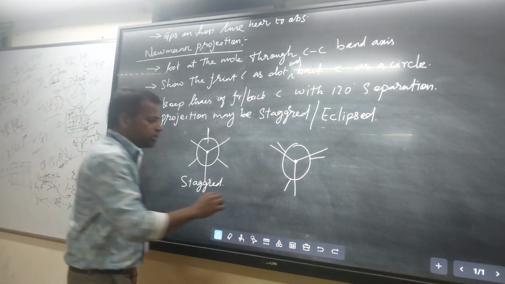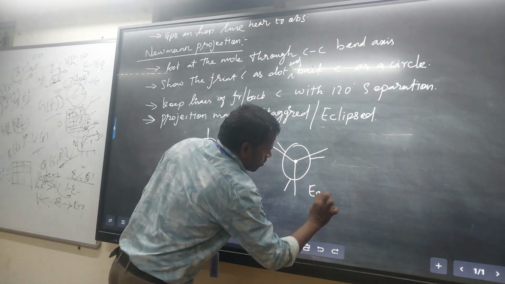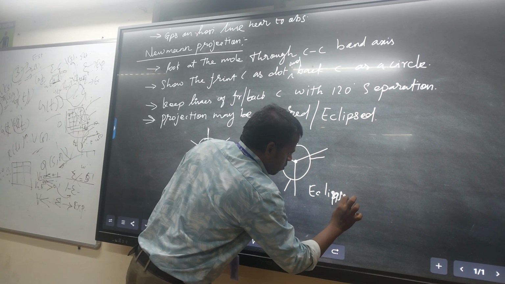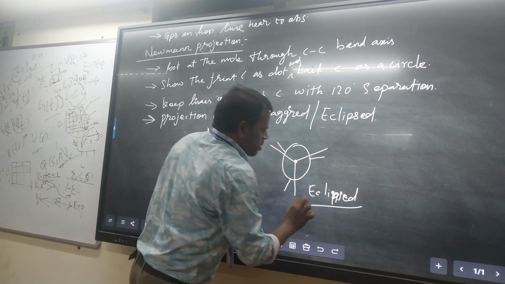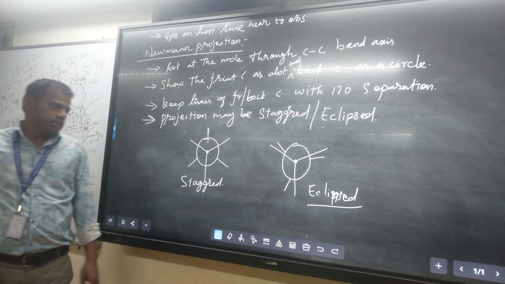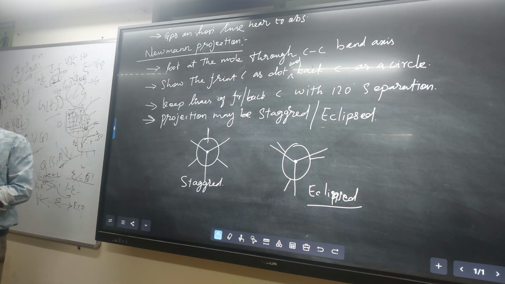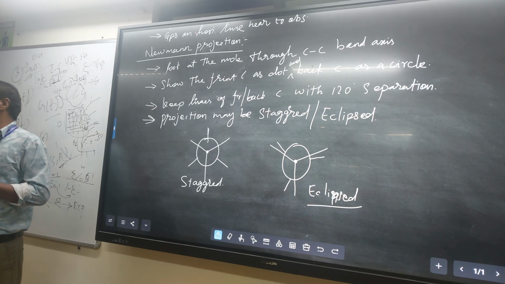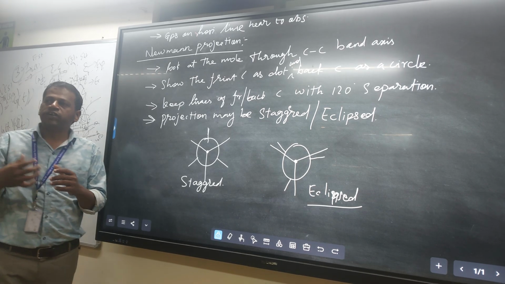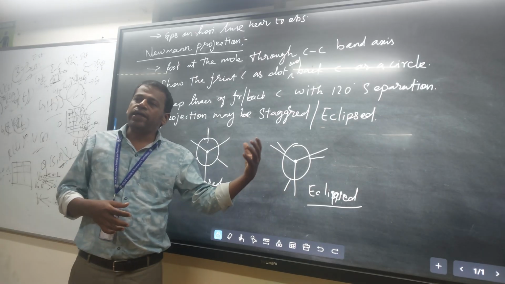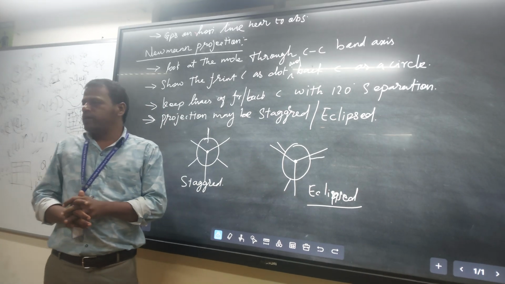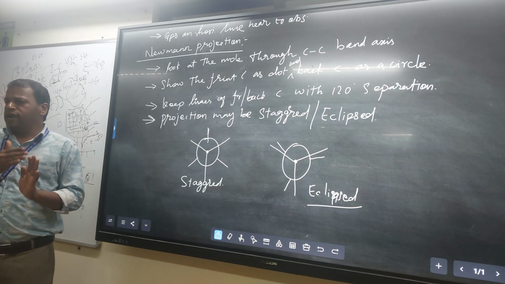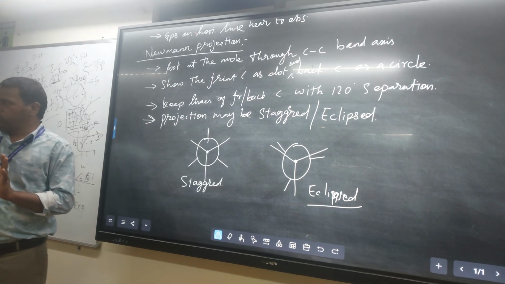Eclipsed conformation means you are looking only at the front carbon bonds. The back carbon bonds you are not looking at, because all of them are hidden by the front carbon bonds.